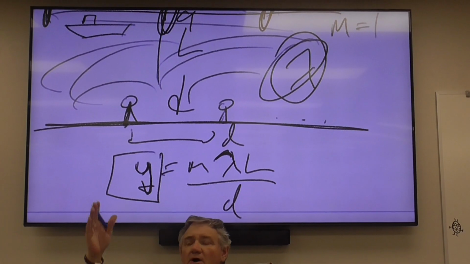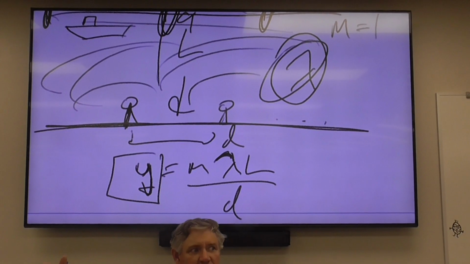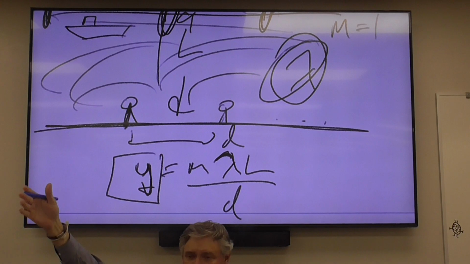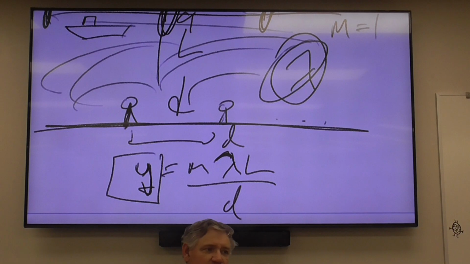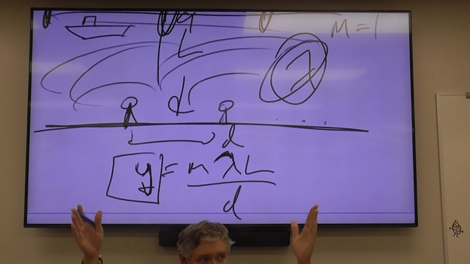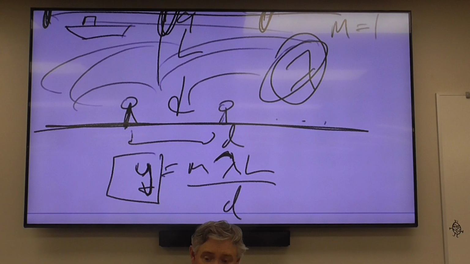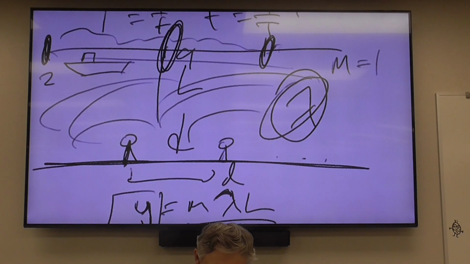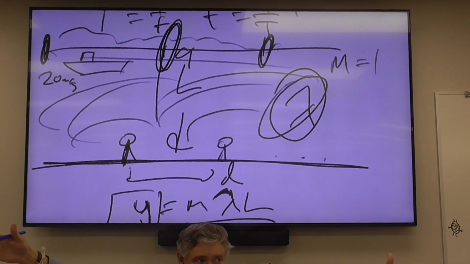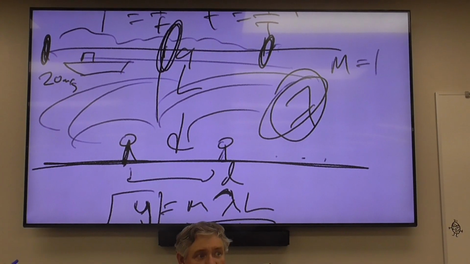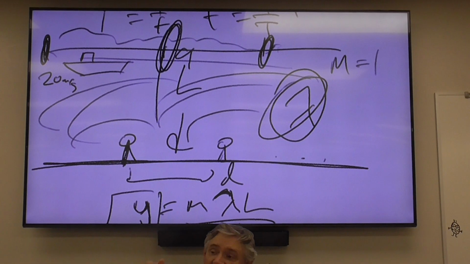You can figure out how far apart you are. Let's say, for example, the boat is moving at 20 meters per second. And if you know how long it takes in between when you get your maximums, what can you figure out? Y, you can figure out the value of y.